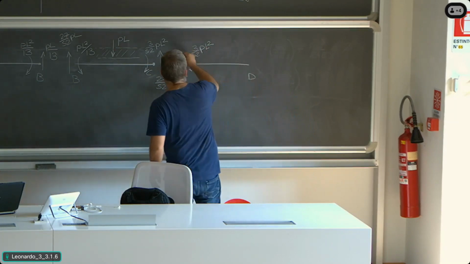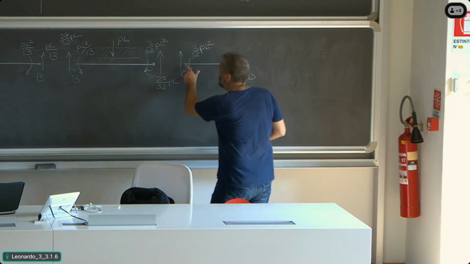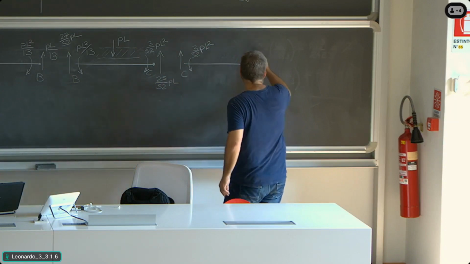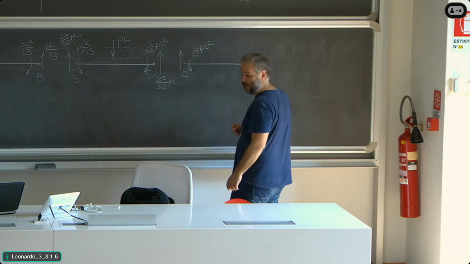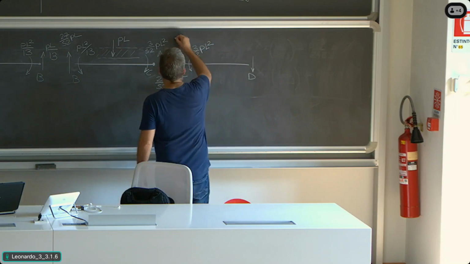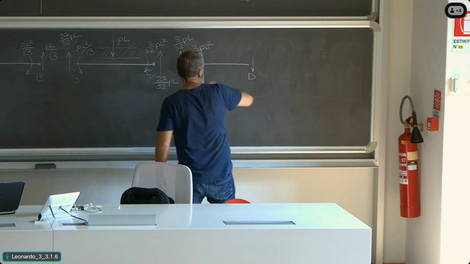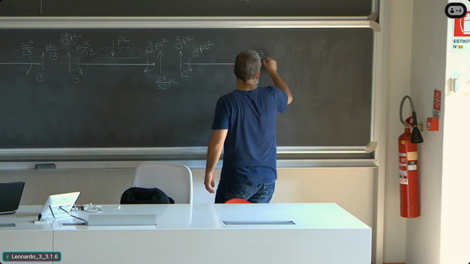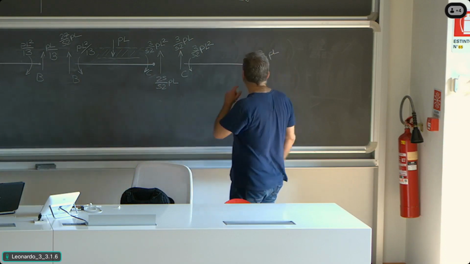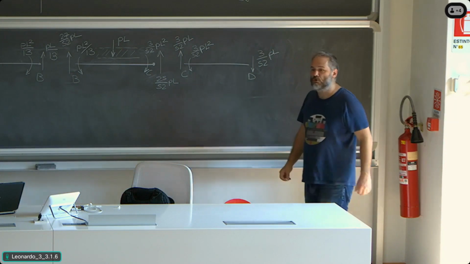So, putting this all together, you need an upward force at the first end, a downward force at the second end, with values which are 3 over 52 PL and 3 over 52 PL. Okay?